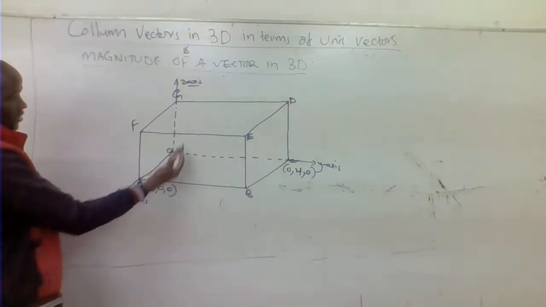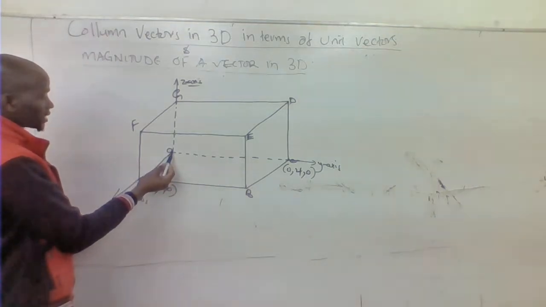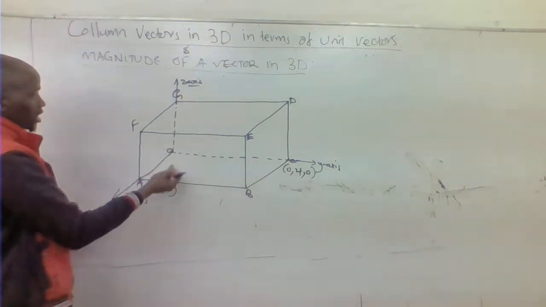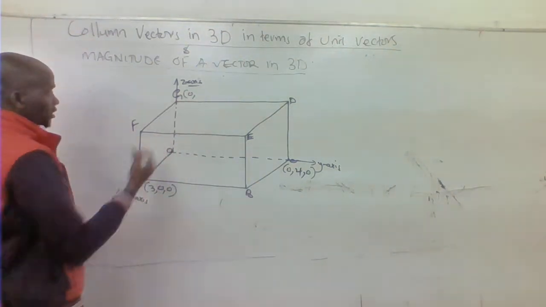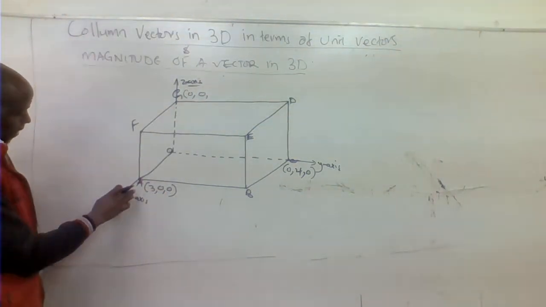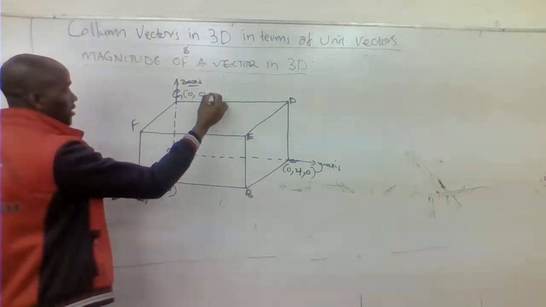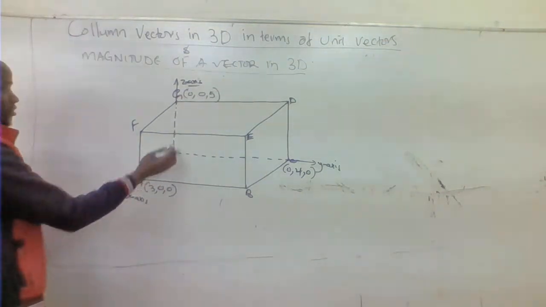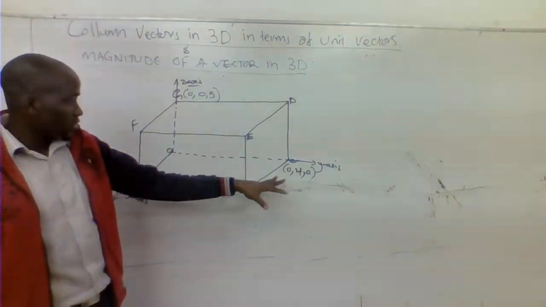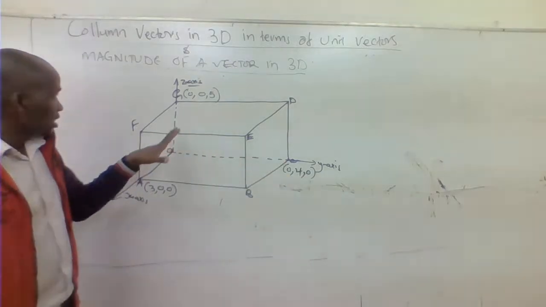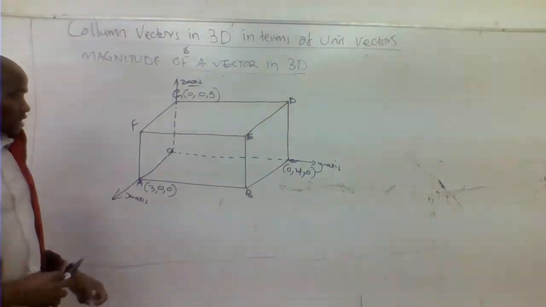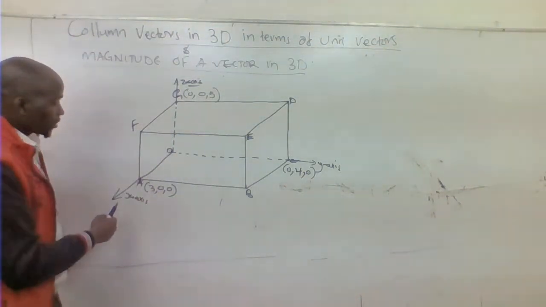Let's then take this given height here, that is displacement along the z-axis, to be 5 from the origin. So the coordinate here will be 0 displacement along the x-axis, 0 displacement along the y-axis, then 5 displacement from the origin along the z-axis. So we have these coordinates now: (3, 0, 0), (0, 4, 0), then (0, 0, 5).